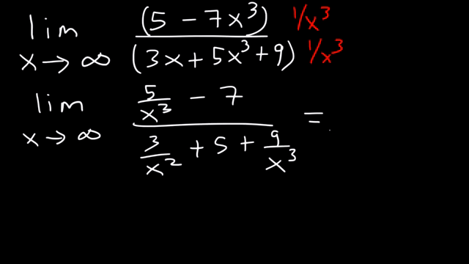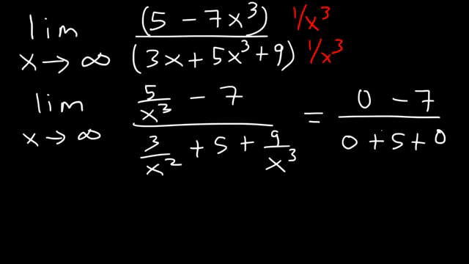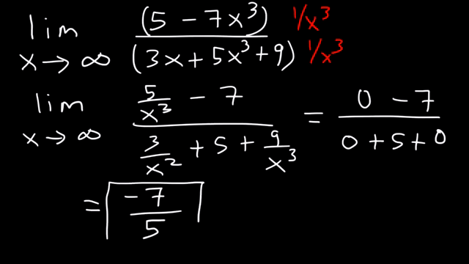Anytime you have infinity in the bottom of a fraction, it's 0. So we're going to have 0 minus 7. 3 over infinity squared, that's going to be 0, plus 5, plus 9 over infinity cubed, which is 0. So in the end, you get negative 7 divided by 5.